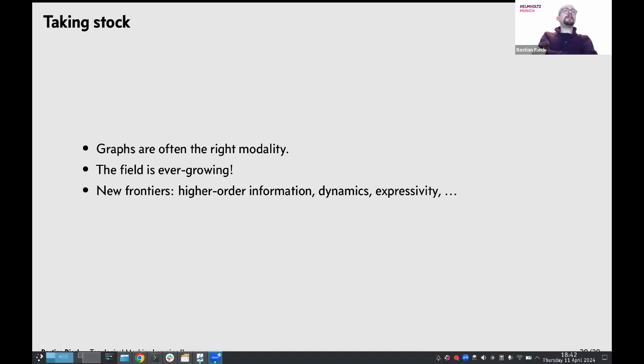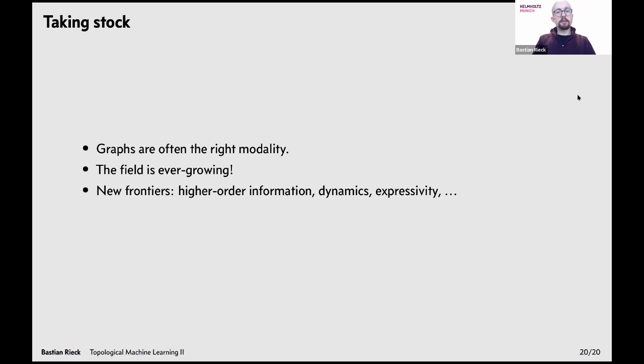So there's a lot of practical applications in graph learning. One of the most famous ones, I should say, is probably drug discovery, where you take molecules and some kind of fingerprint information of a molecule, and you want to figure out whether this molecule has certain beneficial properties.